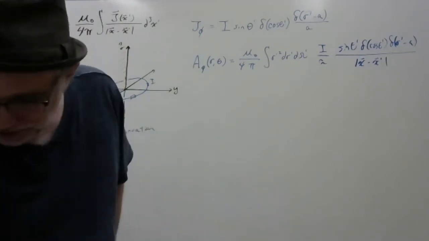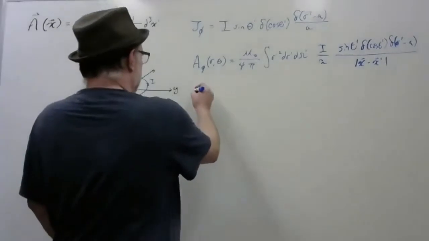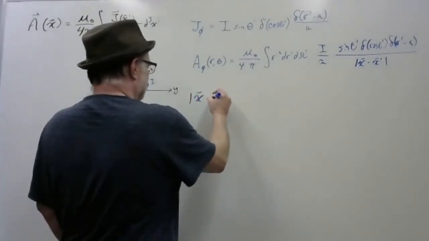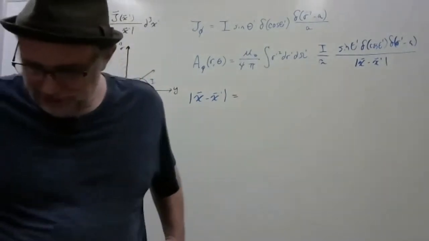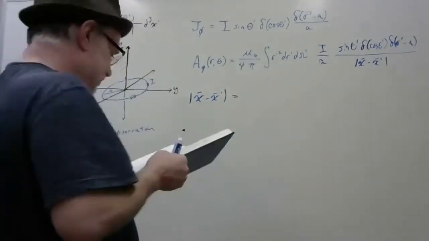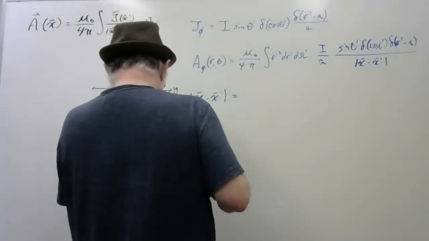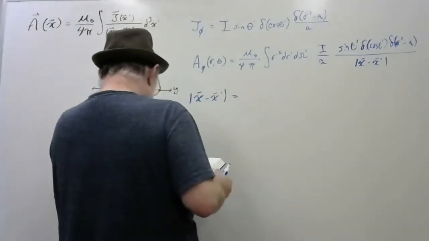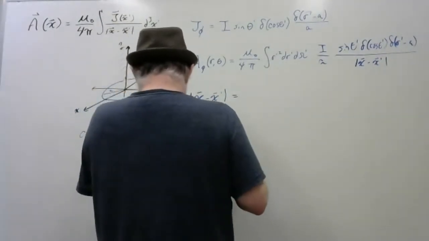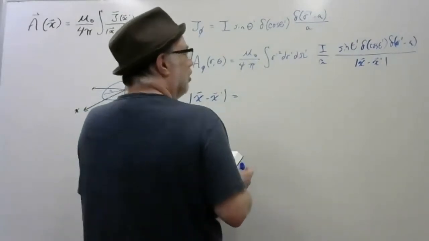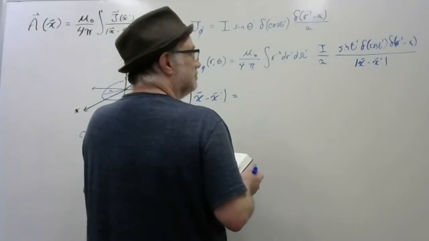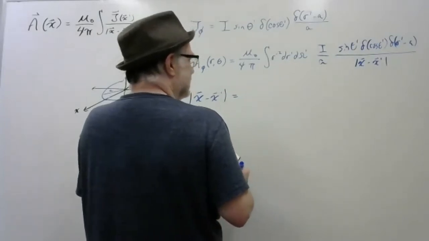All right, so now we've got to use this. So we're going to use x minus x prime. I'm sorry, Professor, what is that last delta? r prime minus a. R prime minus A, thank you.